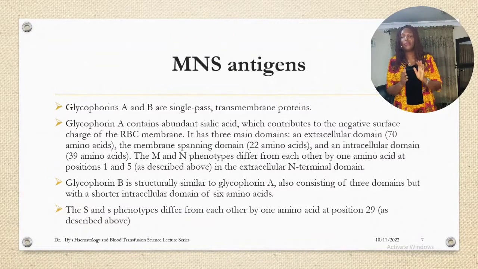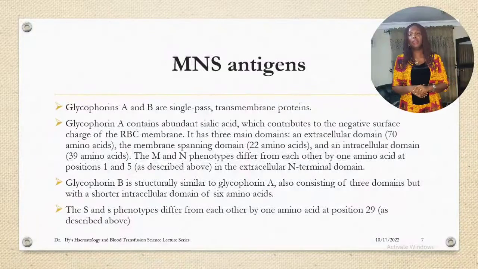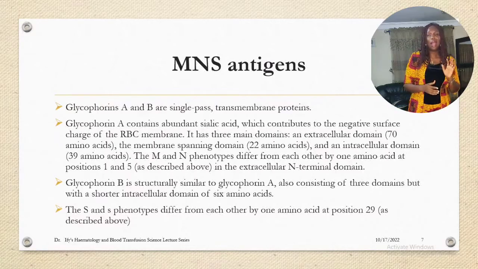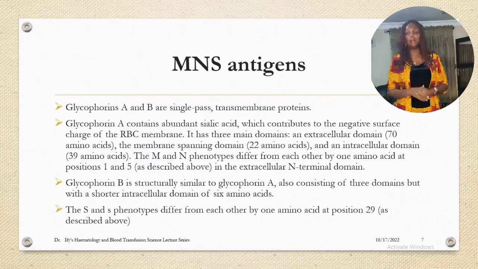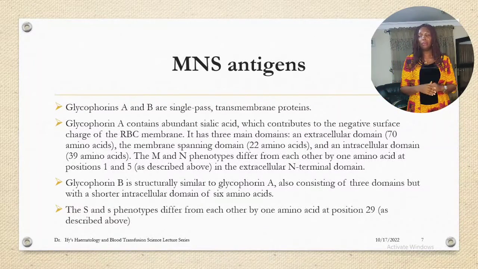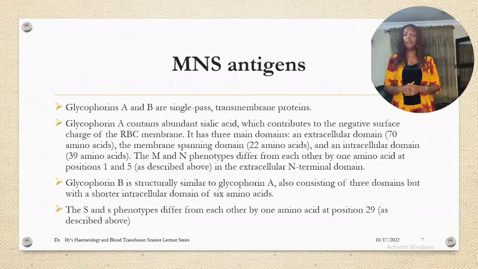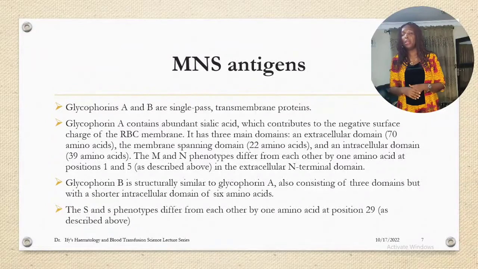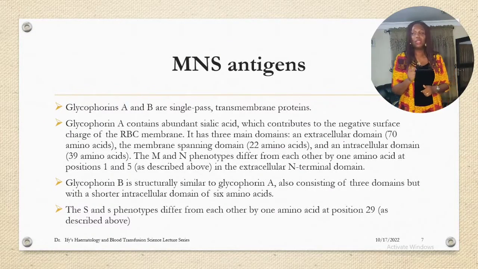Glycophorins A and B are single-pass transmembrane proteins. Glycophorin A contains abundant sialic acid, which contributes to the negative surface charge of the red blood cell membrane. It has three main domains: an extracellular domain having 70 amino acids, the membrane-spanning domain having 22 amino acids, and the intracellular domain having 39 amino acids.